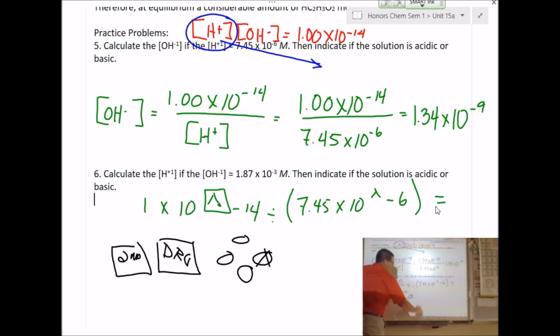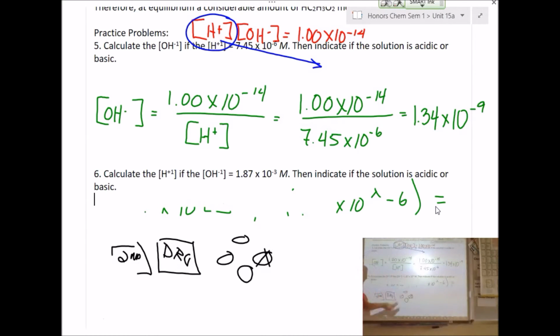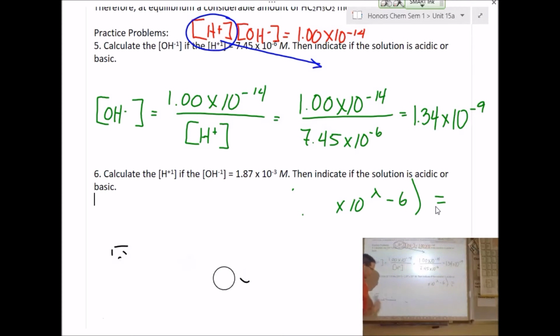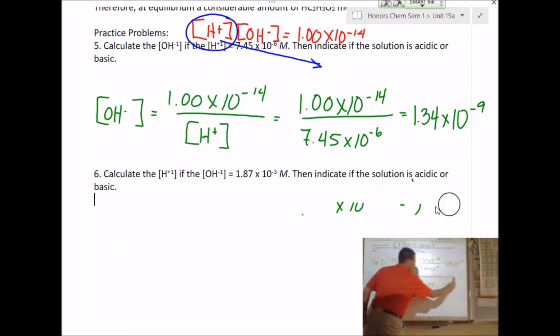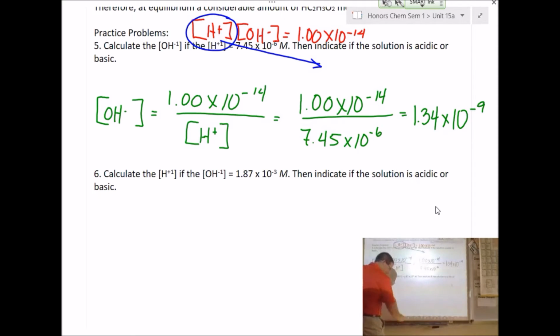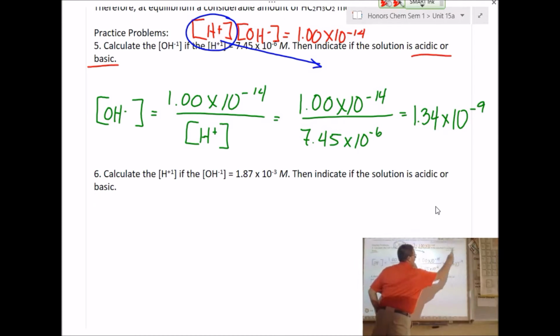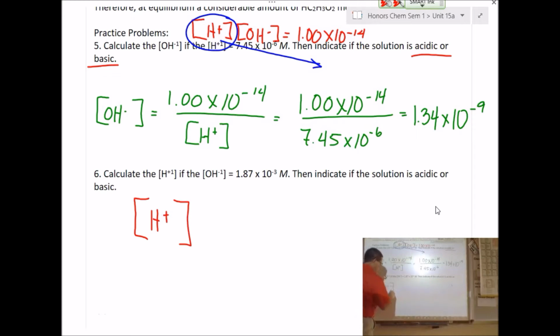All right, so to answer the question, is this acidic or basic? And how would you know? So let me ask you this. Is hydrogen hydroxide?